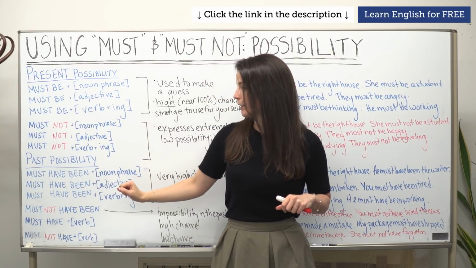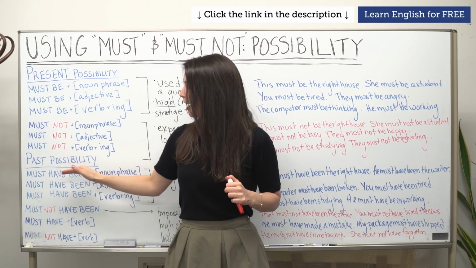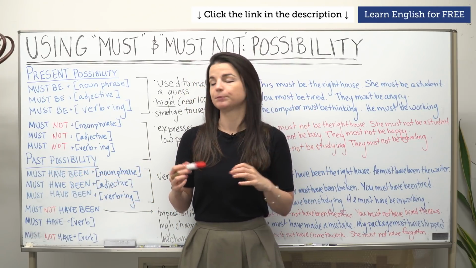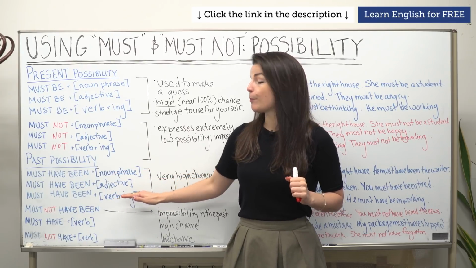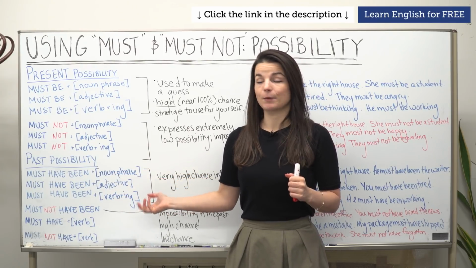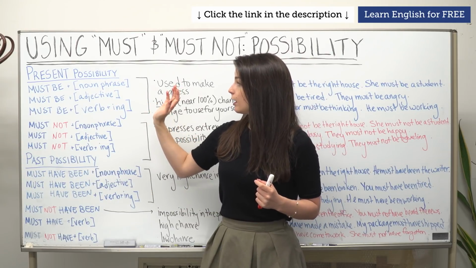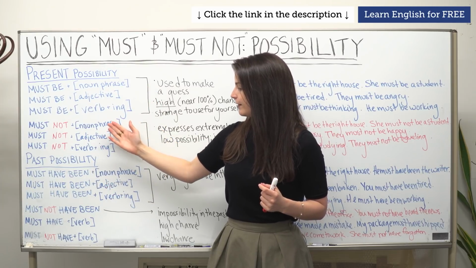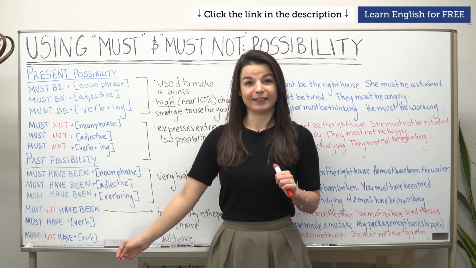In past possibility, for a positive sentence anyway, we use must have been. Must have been. This is a grammar change, so please be careful. But we can use noun phrases, adjectives, and the same verb in the ing form, just as we did with present possibility. This is true for positive statements here and for negative statements. Again, we update negative statements with must not have been in the past.